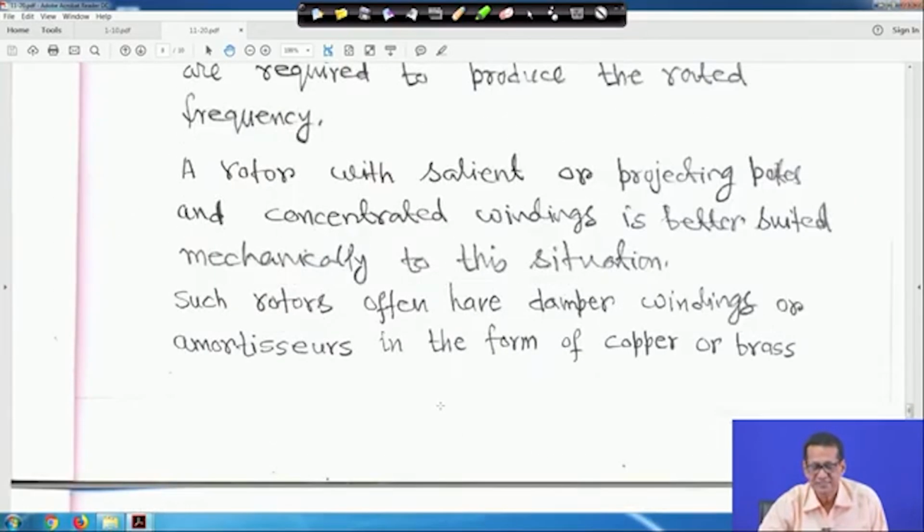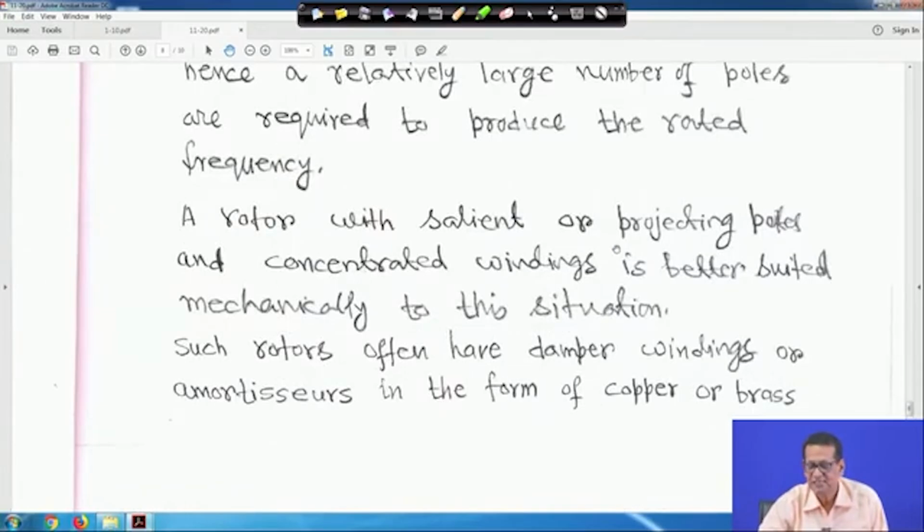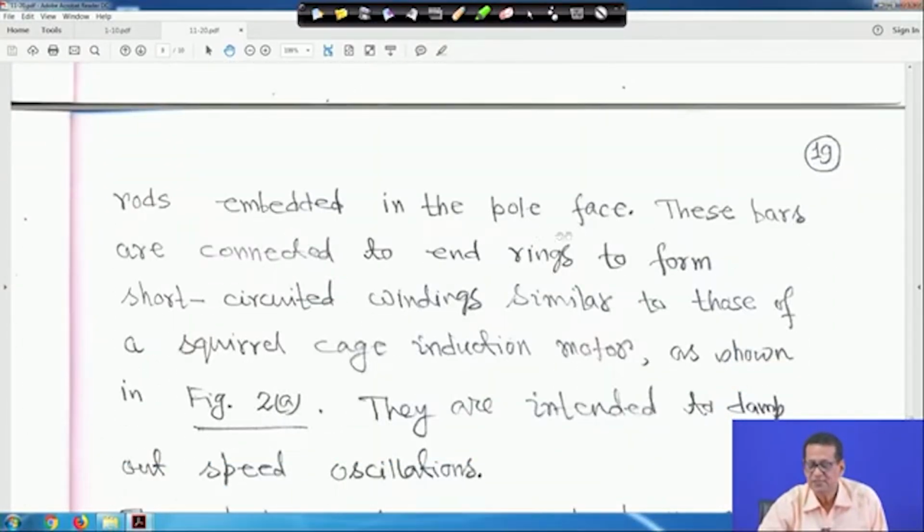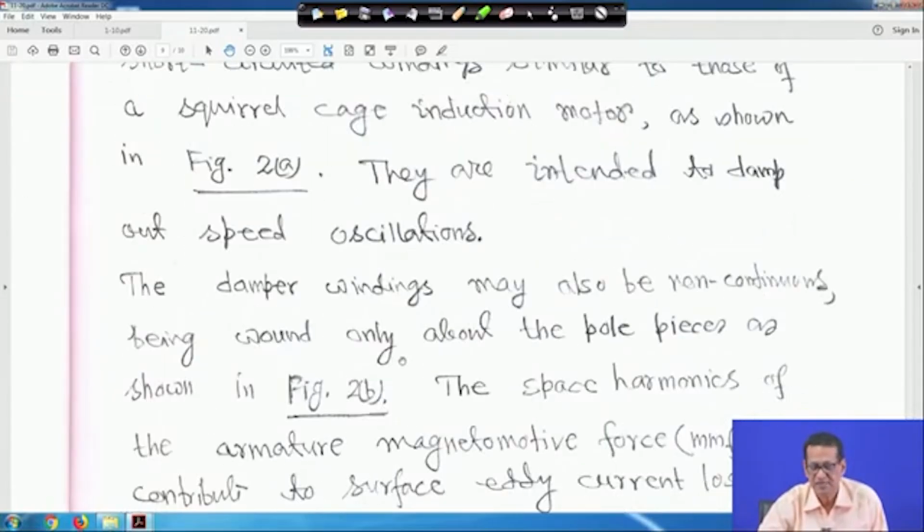right. So, in this case a rotor with salient or projecting poles and concentrated windings is better suited mechanically to this situation. Such rotors often have damper windings or armature in the form of copper or brass rods embedded in the pole face. These bars are connected to endings to form short circuited windings similar to those of a squirrel cage induction motor as shown in figure 2a.